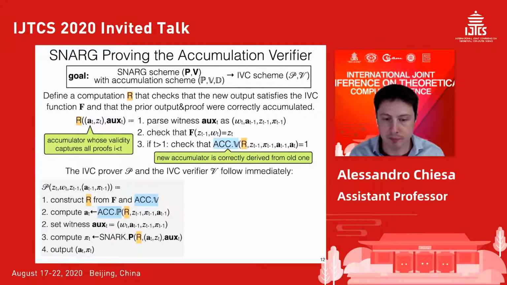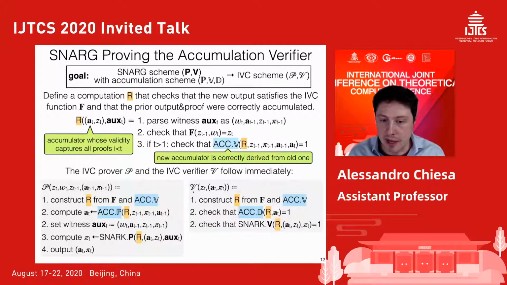All right? The IVC verifier, again, will assemble the same recursive computation from the transition function and the accumulation verifier, and now has to check two things. First, we need to make sure the accumulation decider accepts the latest accumulator that we have. Remember, if all the accumulations done in the past were correct, this is tantamount to simultaneously checking all the snark proofs.